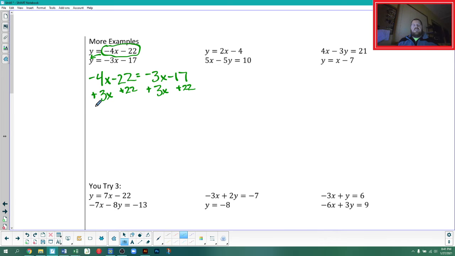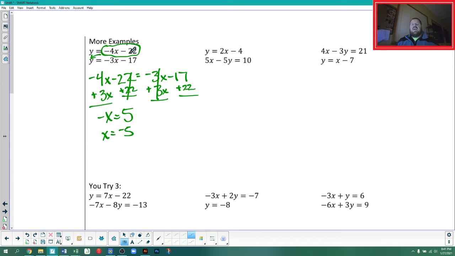At this point, I assume that we can handle a step like that, sort of a combination of 2 steps. Over here, my x's cancel, and over here, my 22's cancel. And I get a negative x. Negative 17 plus 22 is 5. So that really means that x is equal to negative 5.